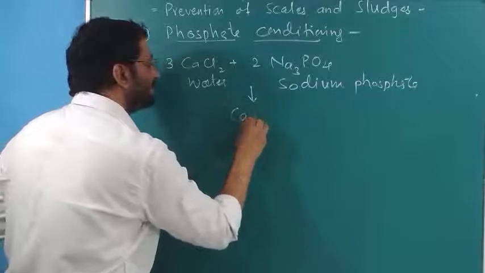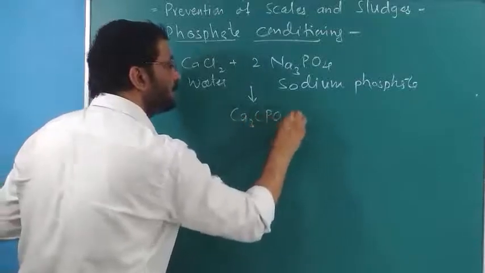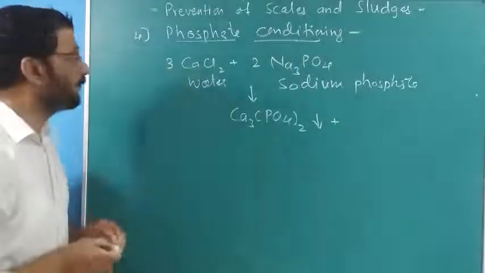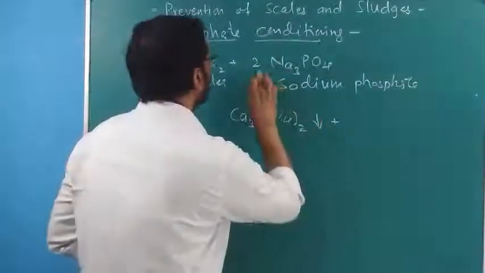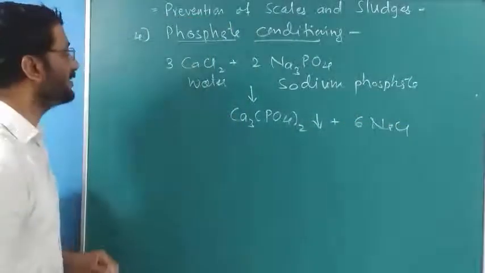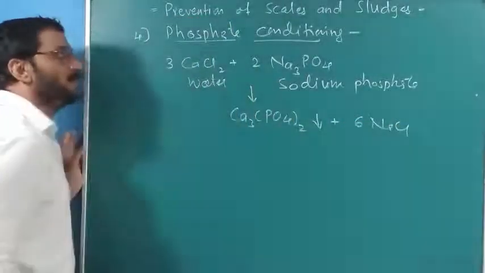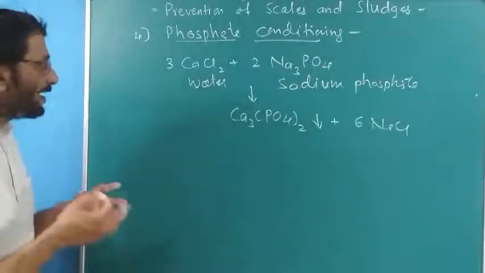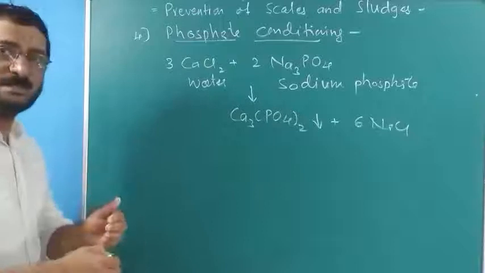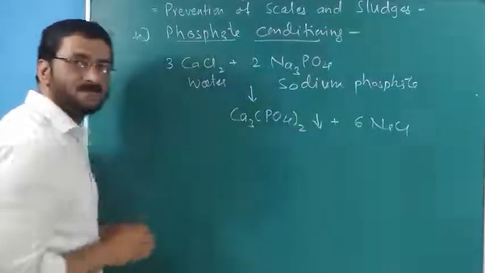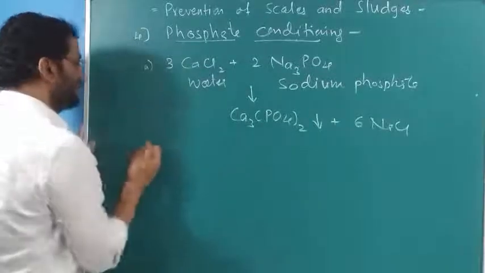I am getting Ca3(PO4)2 in the form of precipitate, but that is less harmful, plus 6 NaCl, isn't it? So this is sodium phosphate. Different types of phosphate we are adding. In a high pressure boiler, the idea is to convert the scale-forming substance to a sludge-forming substance, isn't it? This is one reaction.